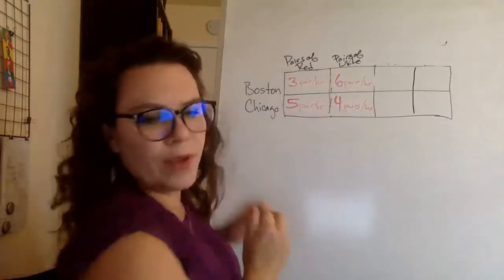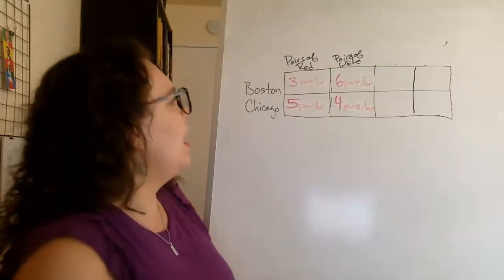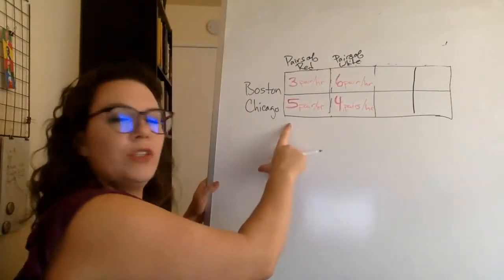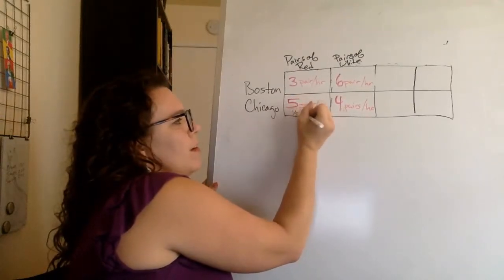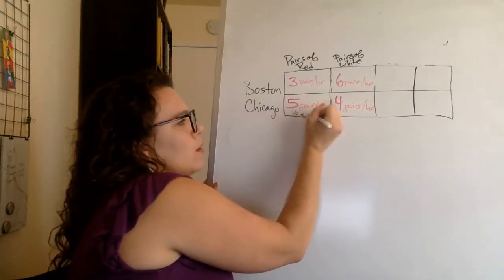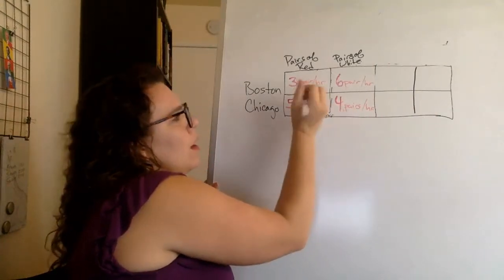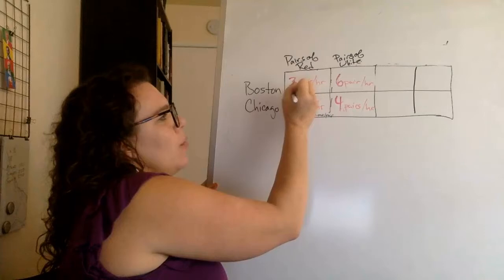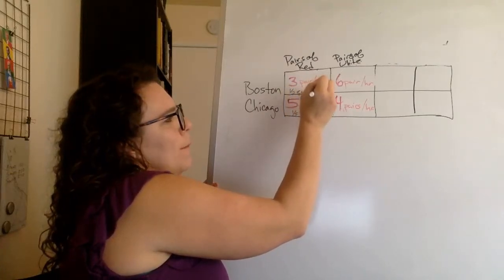So we can also think of it as, in an hour, Chicago produces 5 pairs of red socks, or each pair of red socks takes 1/5 of an hour. For Boston, it'd be 1/3 of an hour per pair.